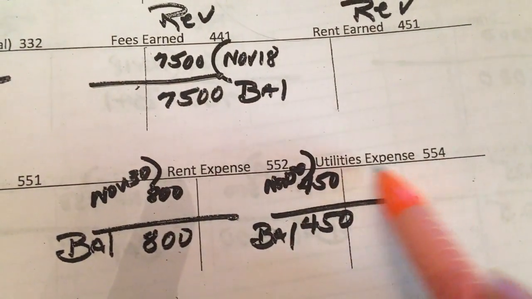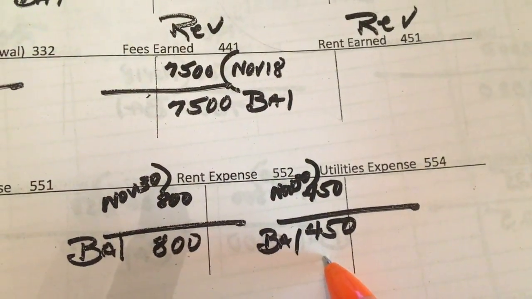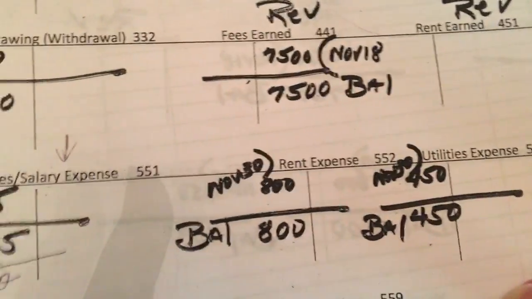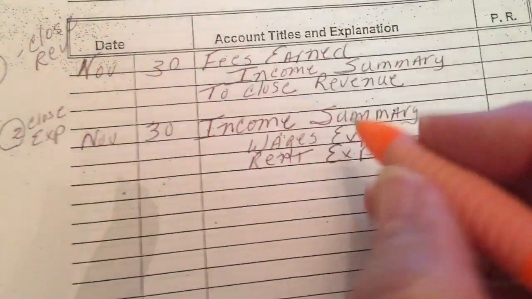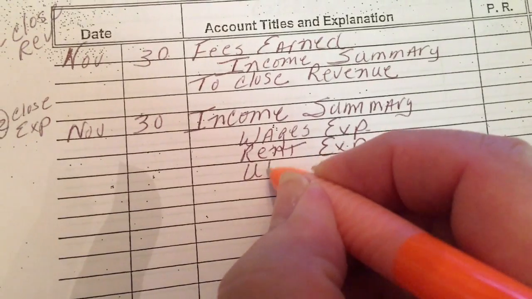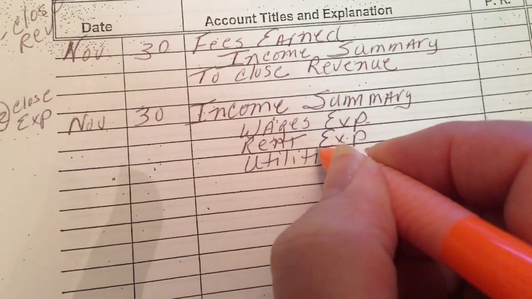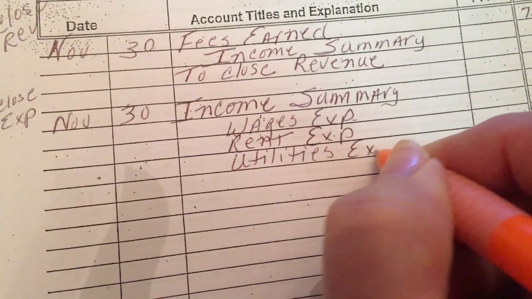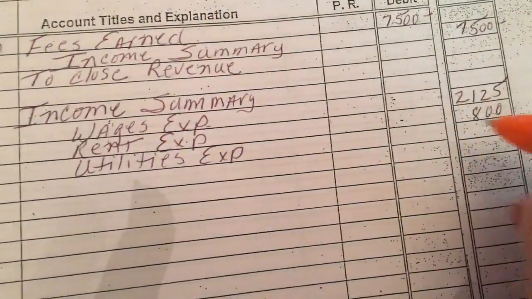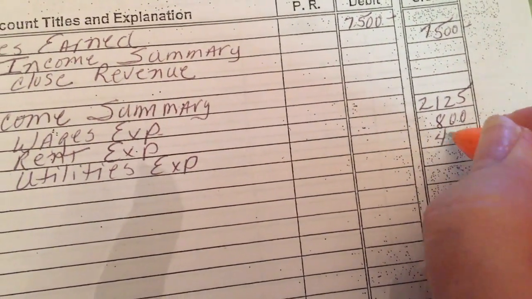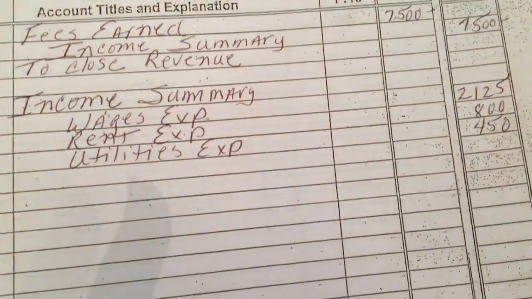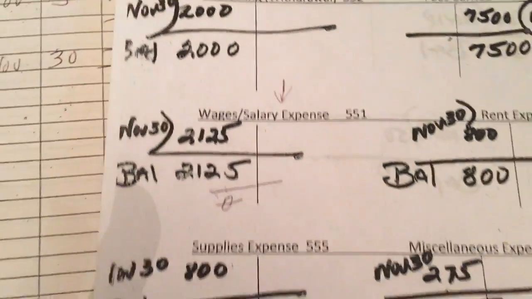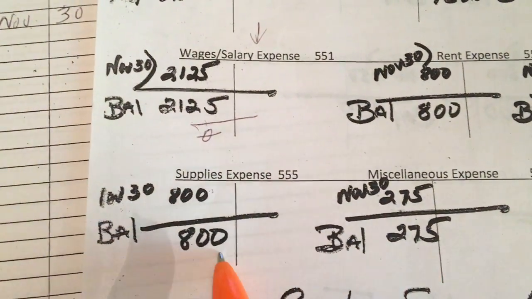Next one will be your utilities, $450 as a credit. Okay. Come on down.